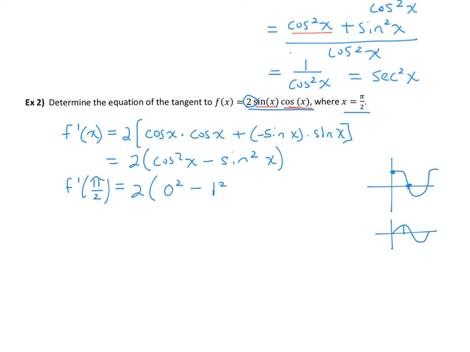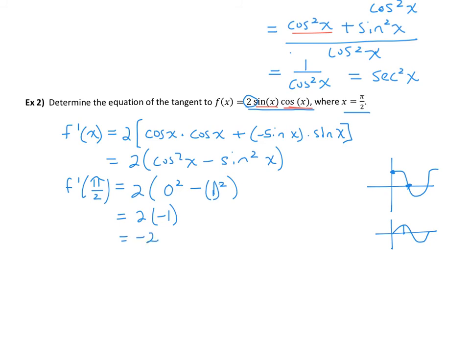So that's going to be 1 squared. So that's going to be 2 take away 1 squared, which is negative 1. Because I'm not squaring the negative, I'm taking away, and then the sine of pi over 2 is 1, which gets squared. So that's going to be a negative 2.